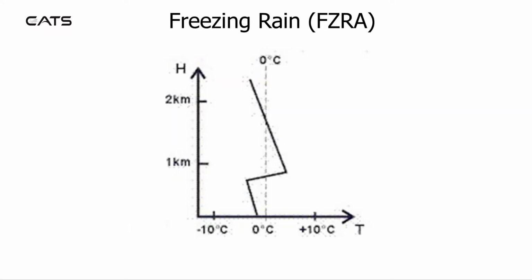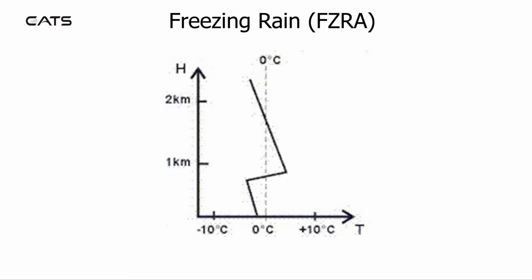Freezing rain. This is a tephigram, a temperature pressure chart. Temperature on the bottom axis and pressure or altitude height on the vertical axis. You can see that the surface temperature of slightly under 0 degrees Celsius decreases with altitude and then warms to positive temperatures and then starts cooling again above 1 kilometer height.